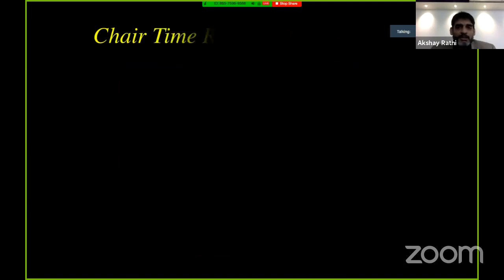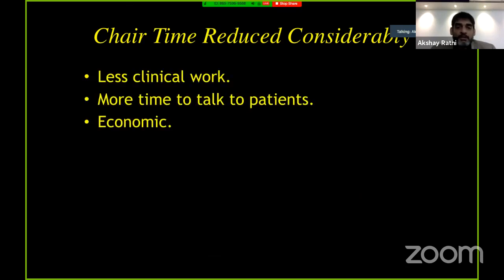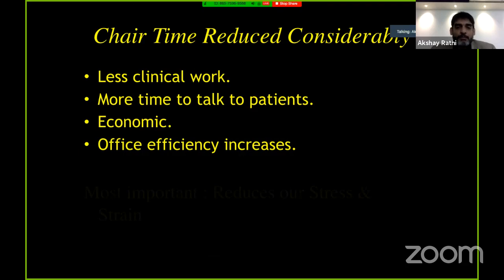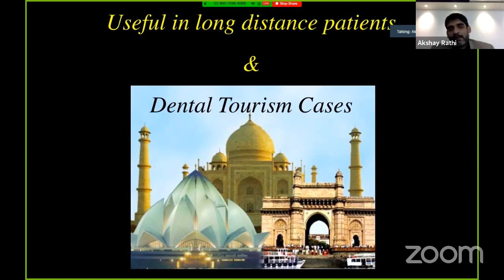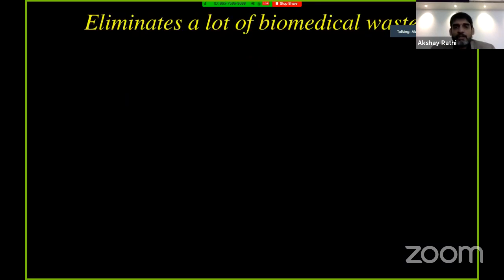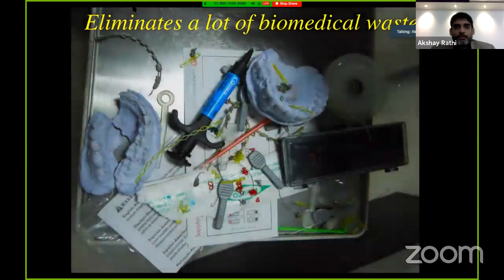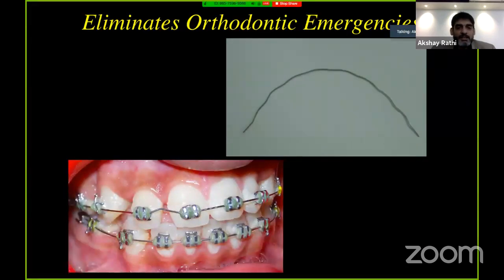The most important thing is you can do it yourself for the selected cases that I mentioned to you, and use it for your NRI clients, which will be typically here in the December to February region. And of course, it eliminates all the biologic waste and emergencies that we will need to encounter when the fixed appliance is in place.